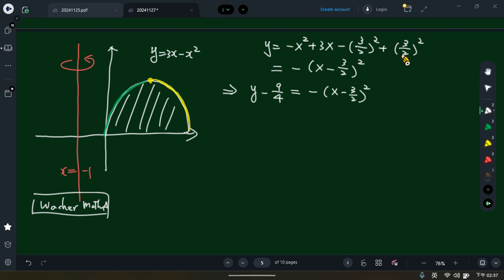So x minus 3 over 2 is equal to positive or negative square root of 9 over 4 minus y. So it's just simply moving some items to the right, and you can get this one.